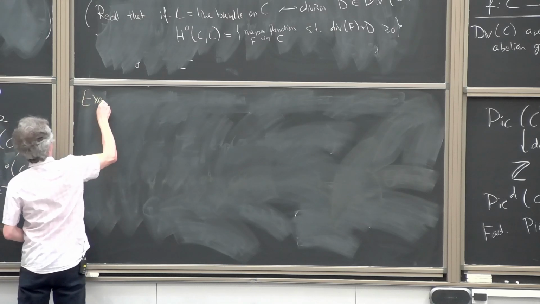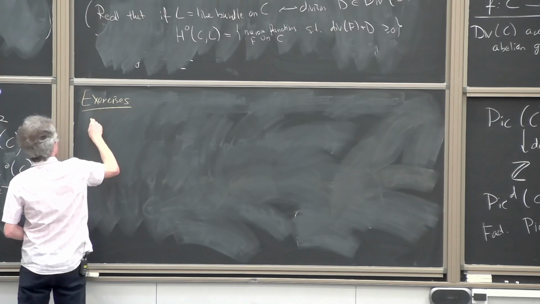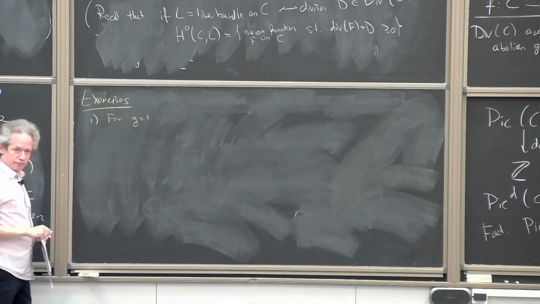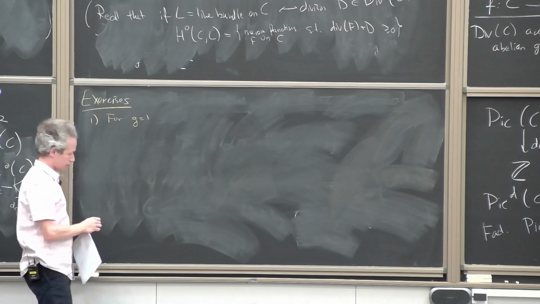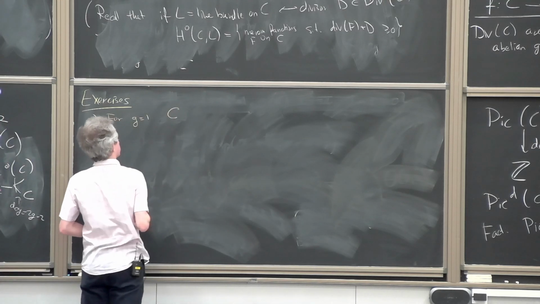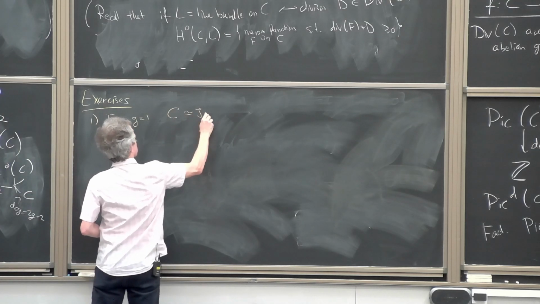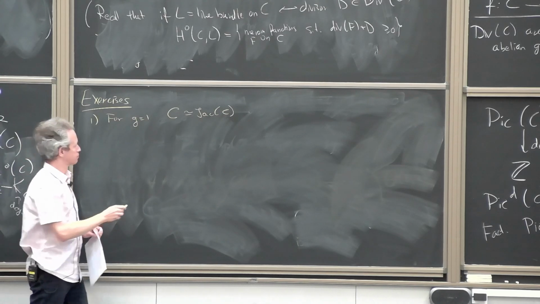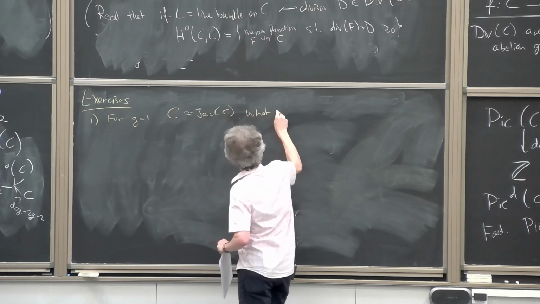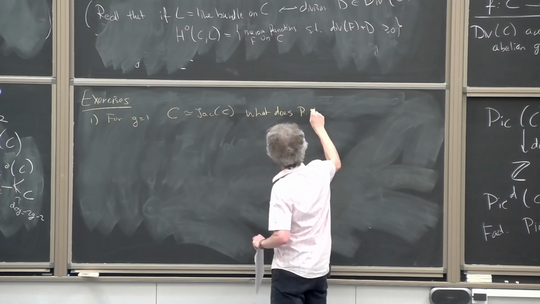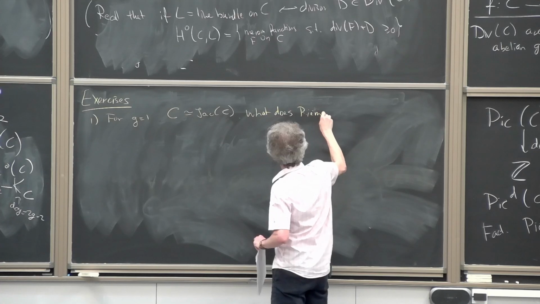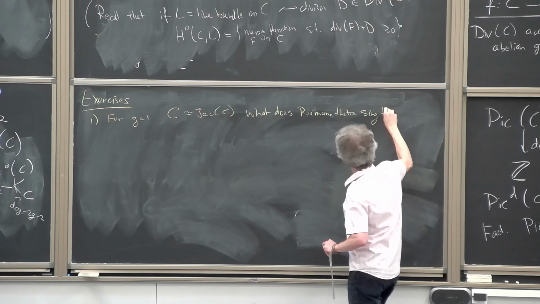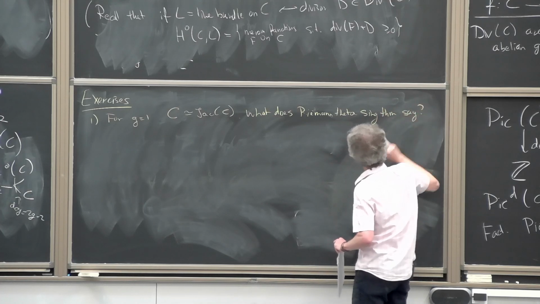Exercise. First, for g equal to 1, you have a curve C. Please establish that it's canonically isomorphic to its Jacobian. What does the Riemann theta singularity theorem say in this case?